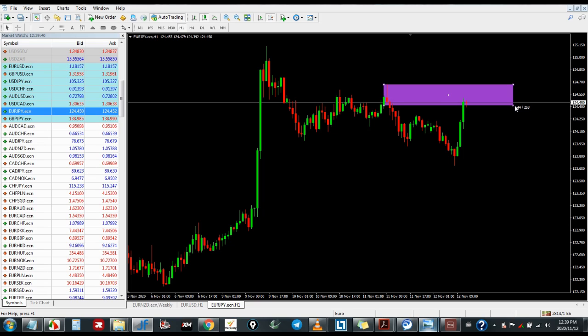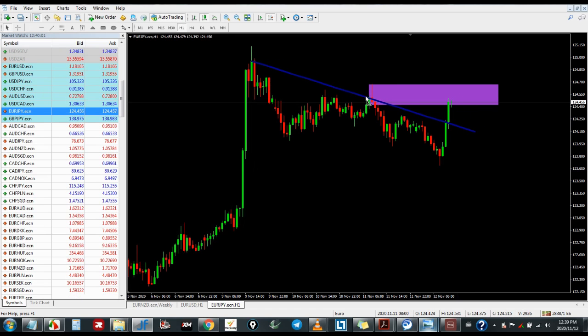It's a very weak supply, and I can't discuss right now why this is a very weak supply. So for me to sell here, I would never sell this supply zone. Also, this trend line is already broken, so I wouldn't look to sell here on euro.